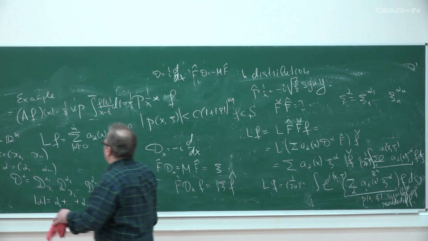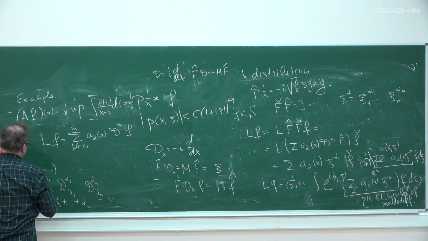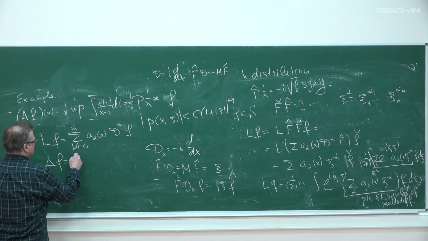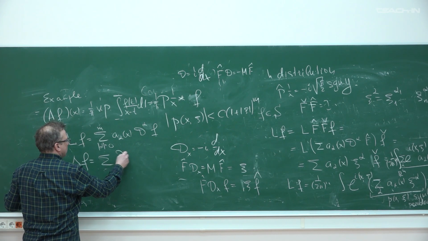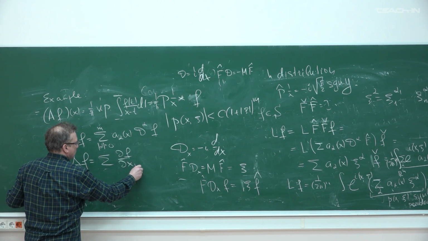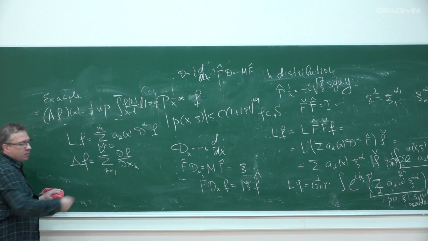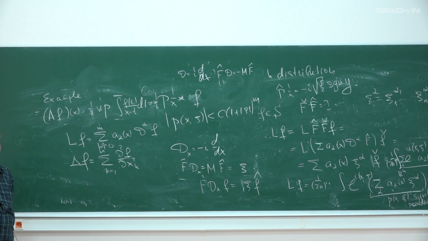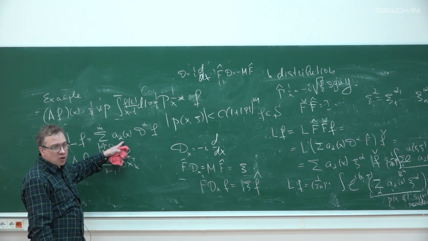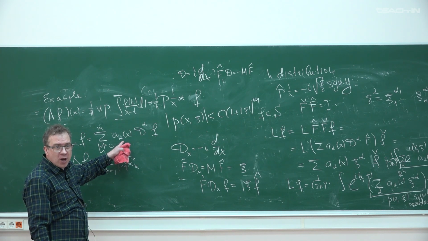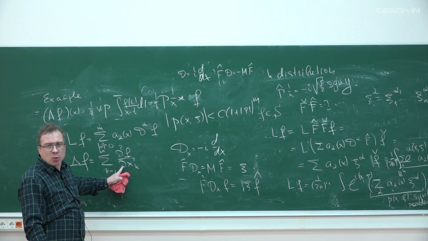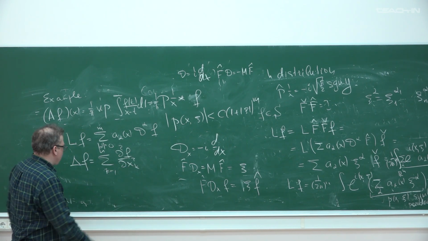One example. Let's consider the Laplacian operator. What is the symbol of the Laplacian operator? All functions are constants. Moreover, all functions A alpha equal 1. Yes? This is d squared. So the symbol is a polynomial.